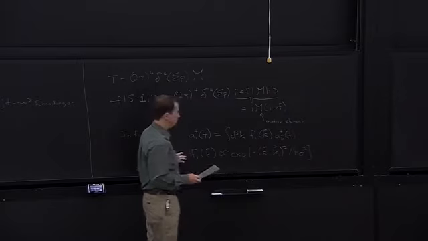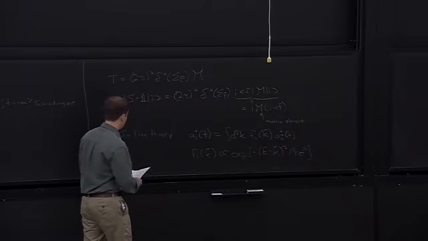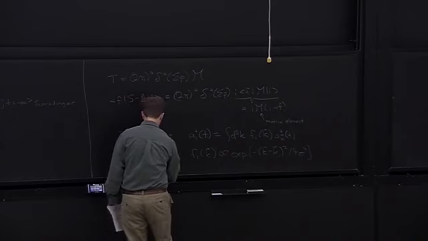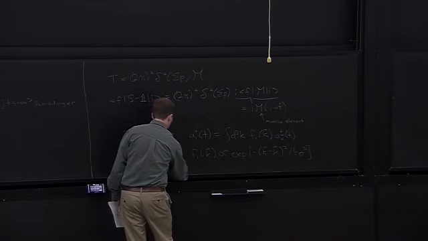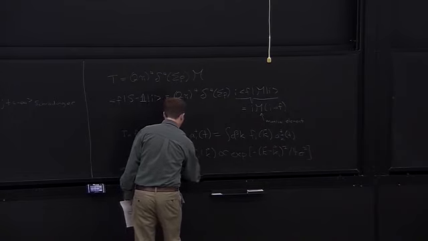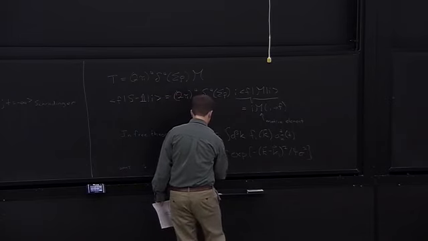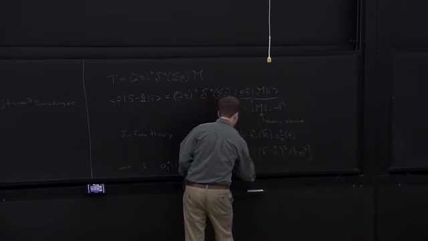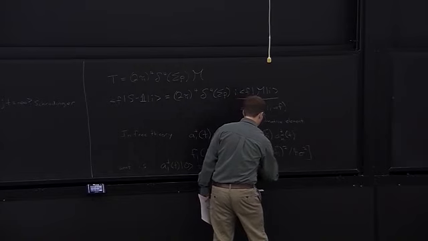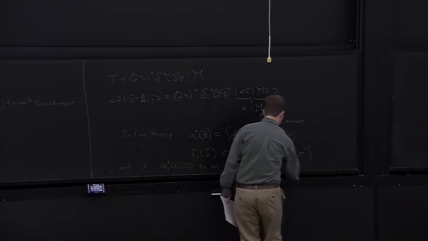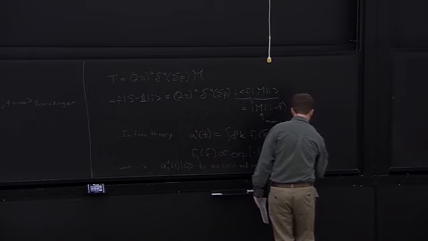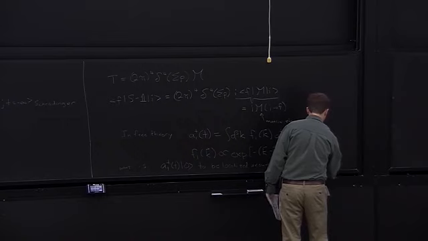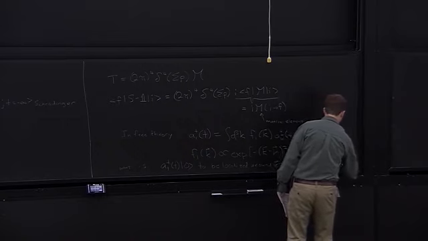The precise form of the wave packet won't be essential. What we want is for A1 dagger acting on the vacuum to be localized around k equals k1 in momentum space, and x equals 0 at t equals 0 in position space.